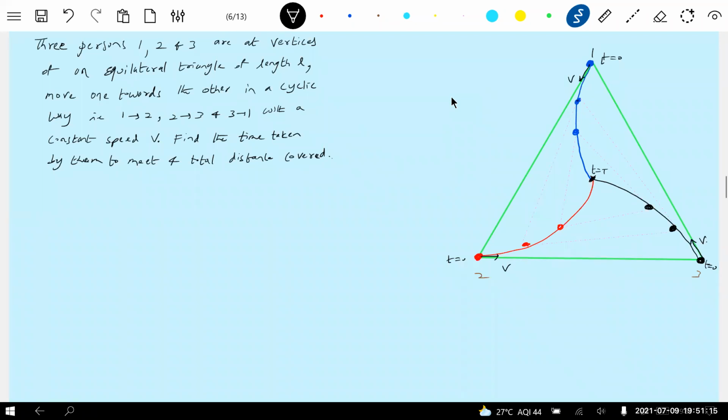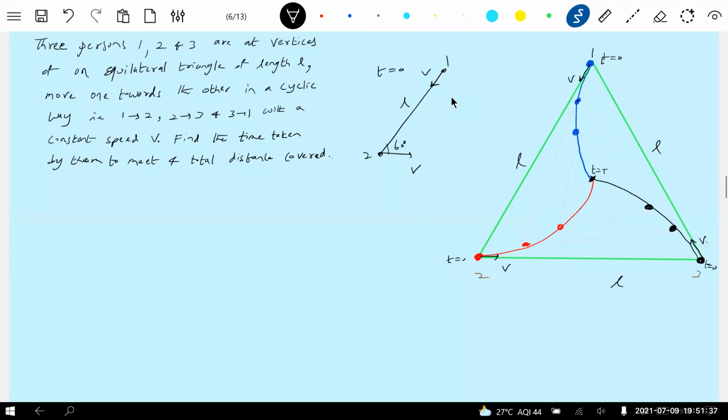Okay, how to calculate this time taken? I'll go for the relative velocity. What was the initial separation? It was L. So take help of this. This was V. This is 1. This is 2, no? And this is 60 degrees. This was separation L at t equals 0.